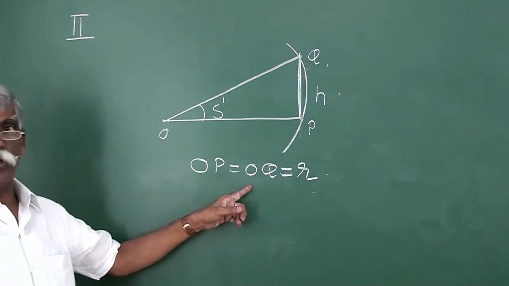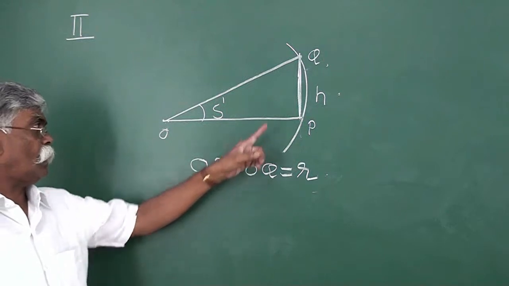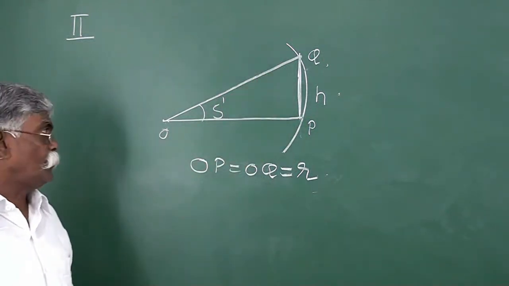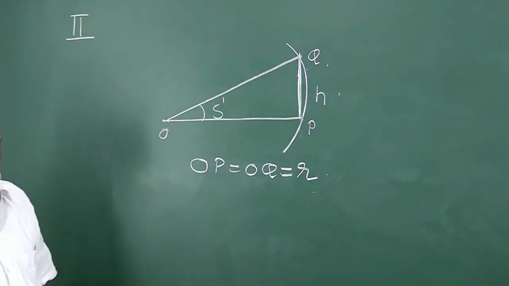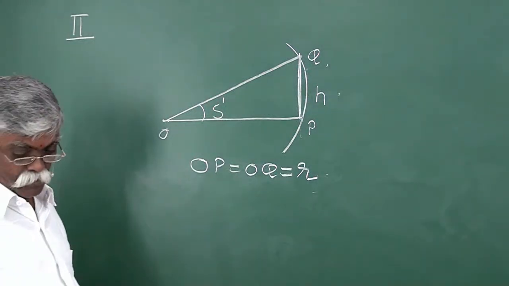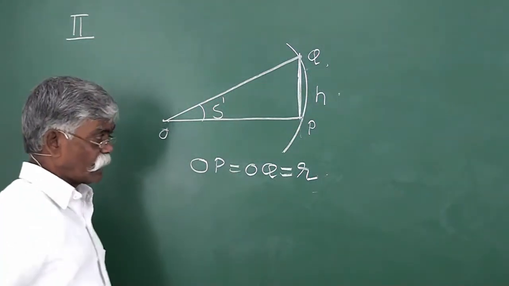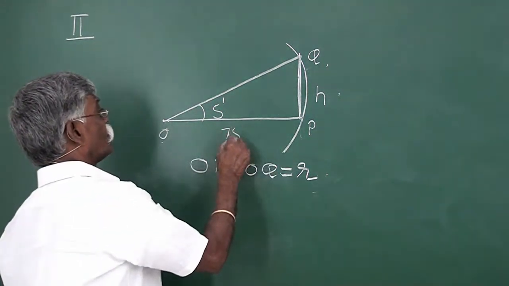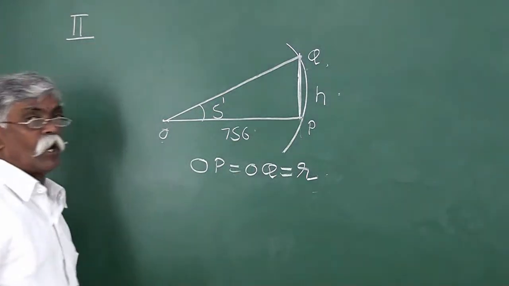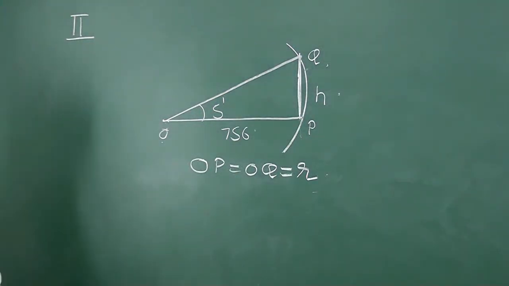So OP is equal to OQ is equal to R, and this is the height of the letters PQ. And when the man is at a distance of 756, so therefore this is 756, we have to find the height.